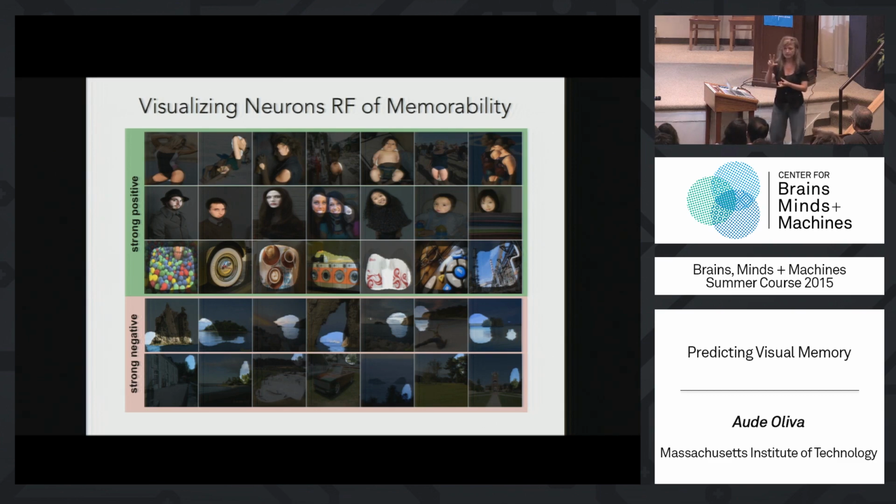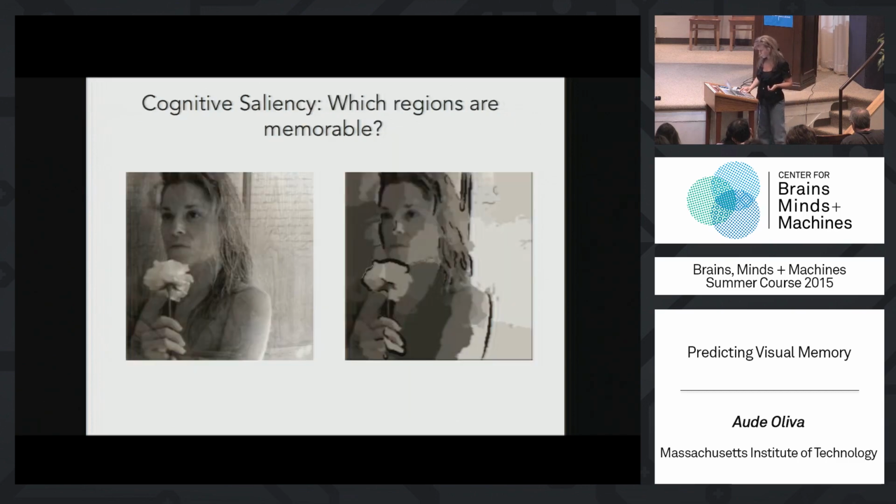And now we can see the units that are related to this higher level information of object or space or parts and so on, that is related with images that are highly memorable in green, strong positive, or highly forgettable. And we find again that if you have an object, an animate object or a kind of roundish object, and so on, those will make your images more memorable.